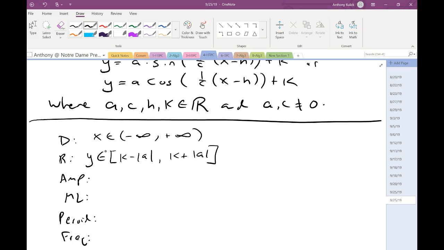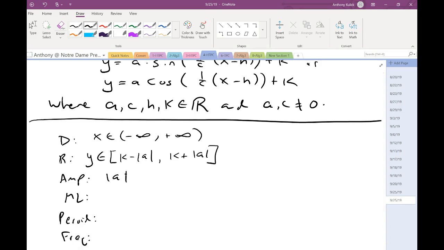The amplitude. Which kind of transformation would affect the amplitude? The amplitude is basically like how high the function gets. It's going to be the vertical stretch or shrink, right? That would affect the amplitude. Everybody agree with that? So the absolute value of a controls that.